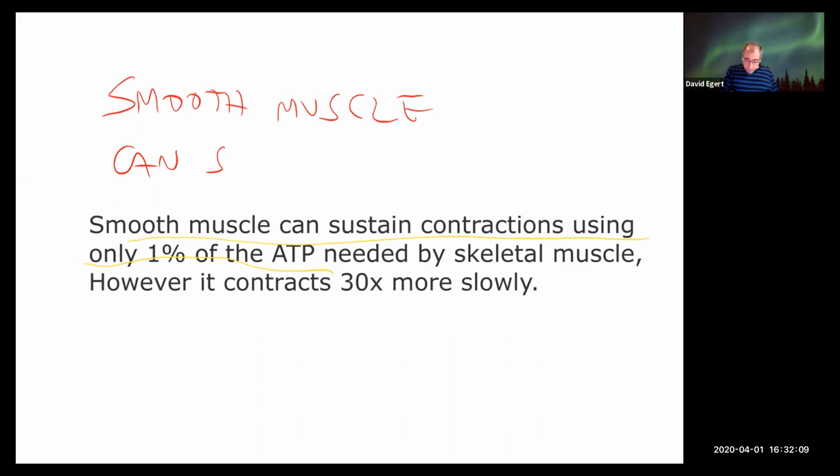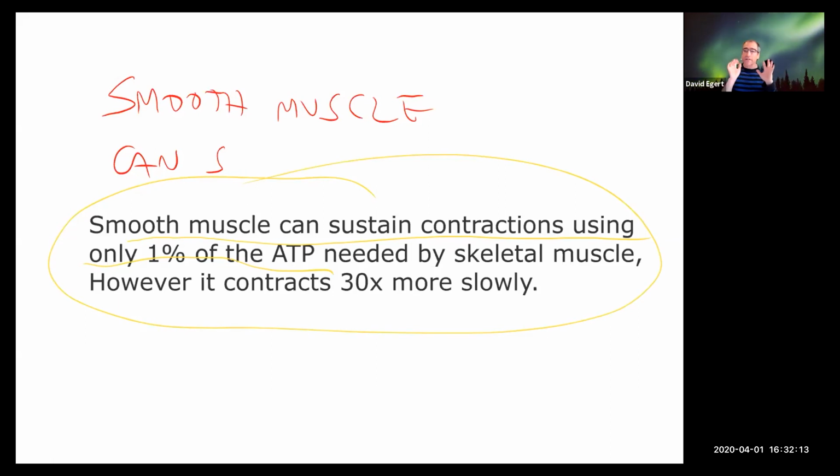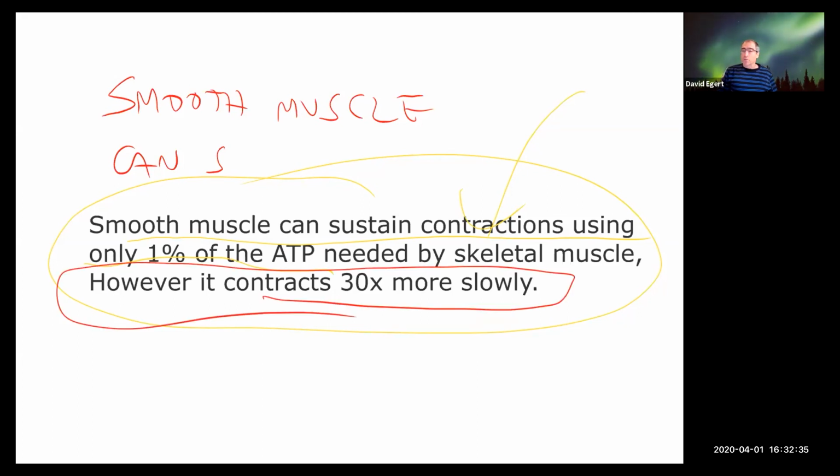There's a lot of smooth muscle that needs to sustain contractions to hold the diameter of a tube or something. There's a special way the myosin latches on that's different than in skeletal muscle. It allows it to hold its contraction without burning a lot of ATP the way skeletal muscle would. That being said, it does not contract as fast as skeletal muscle, but for what it needs to do, that's fine.